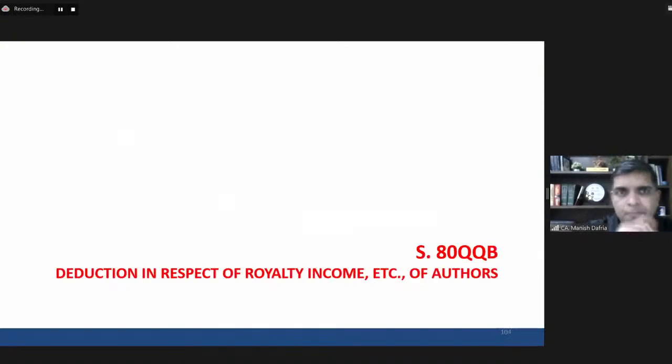So this is all about 80P and 80PA. We can see 80PA is somewhat similar to 80P. 80P is larger: for cooperative societies, various kinds of activities get exemption. In 80PA, only those agriculture-related activities and income from these activities are eligible for exemption.